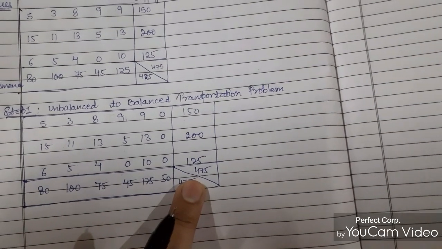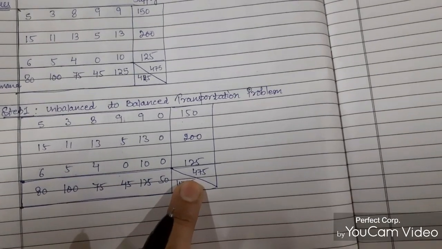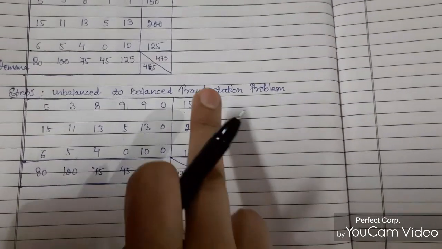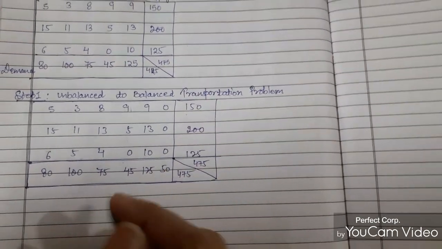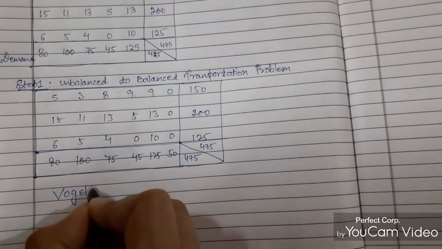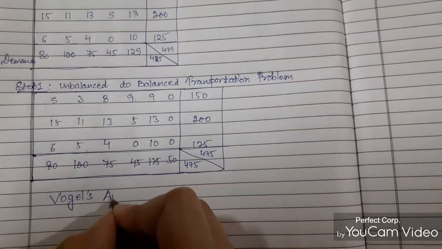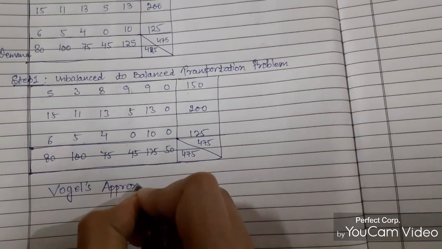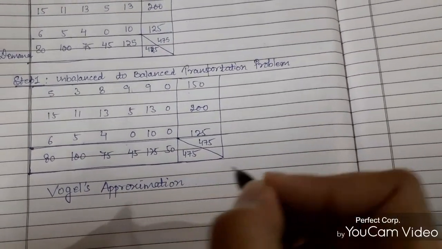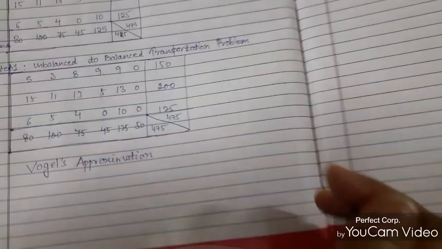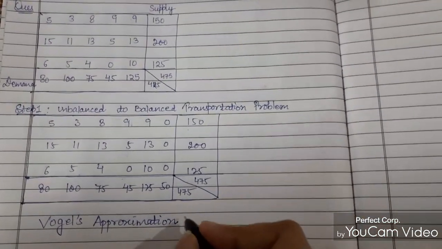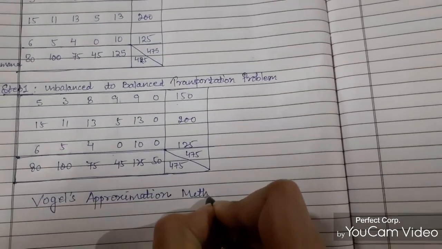As I taught you in my previous videos, the best method to calculate the initial feasible solution of a transportation problem is Vogel's approximation method, right? We will apply this method here and obtain the allocations on which we have to work further using the MODI method.